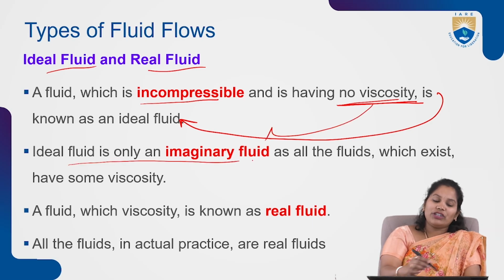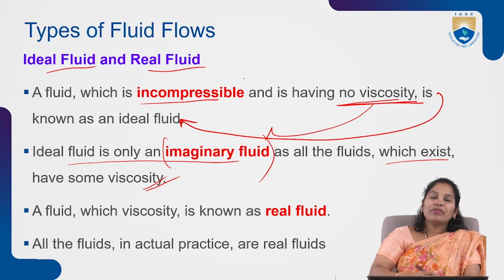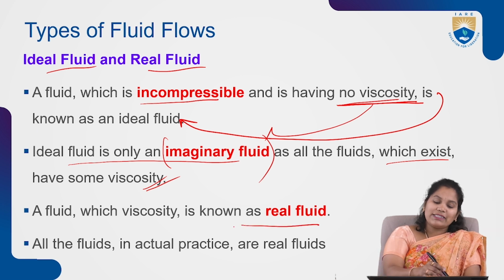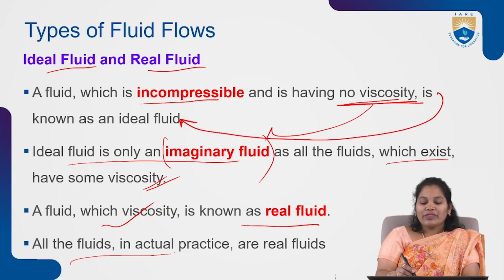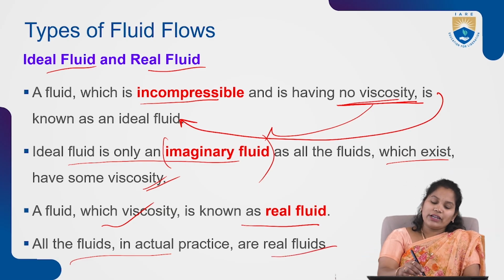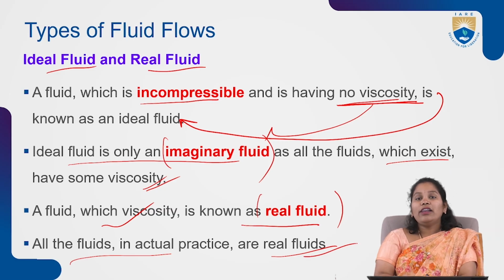An ideal fluid is only an imaginary fluid, right? But a real fluid has some viscosity, and all fluids in practice are real fluids. Every fluid has some viscosity. All practical fluids are real fluids.